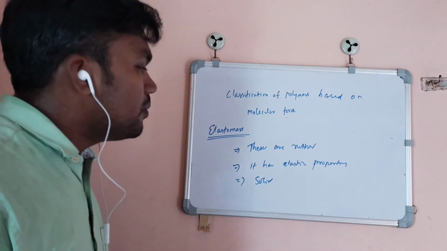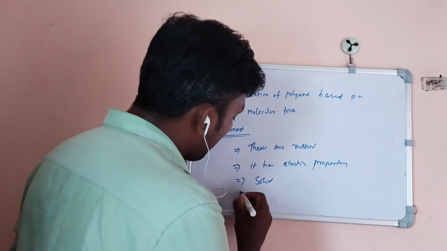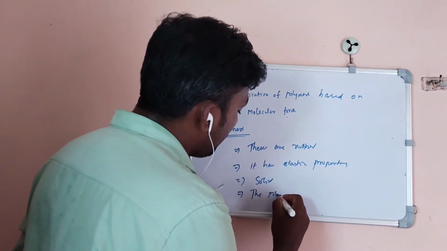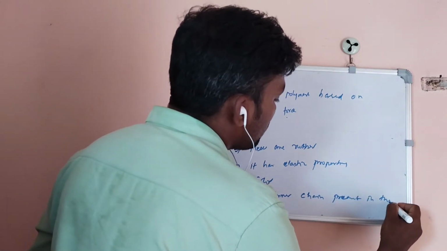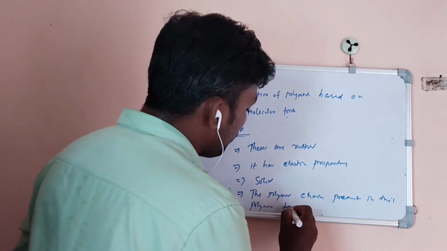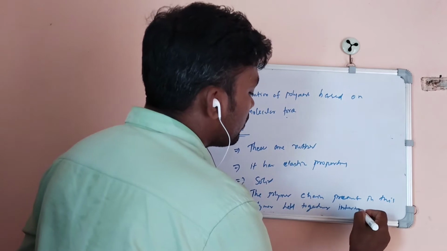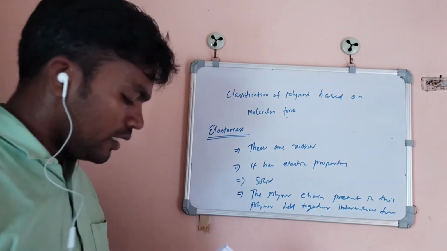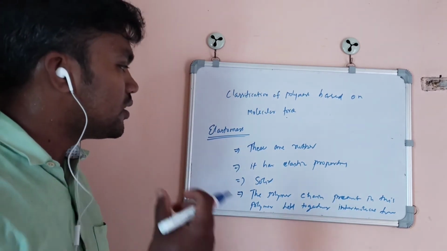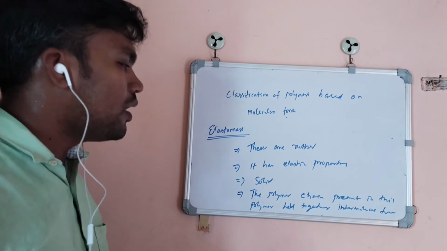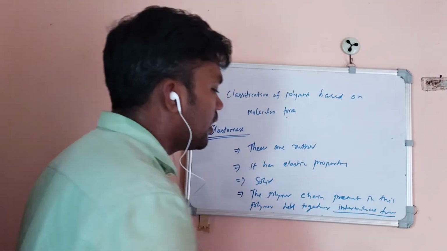The polymer chains present in these elastomers are held together by intermolecular force. Elastomers are like rubbers. They must have some elastic property. The physical nature is solid. The polymer chains present in these elastomers are held together by intermolecular force.